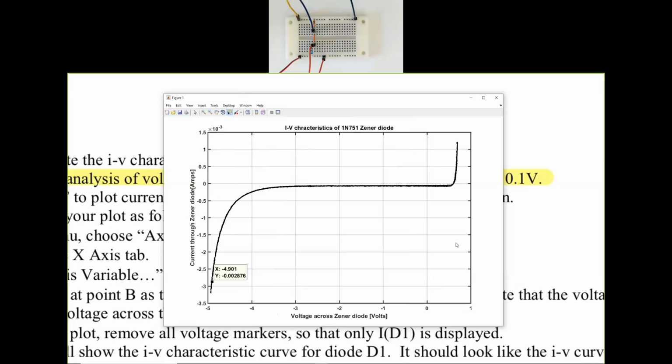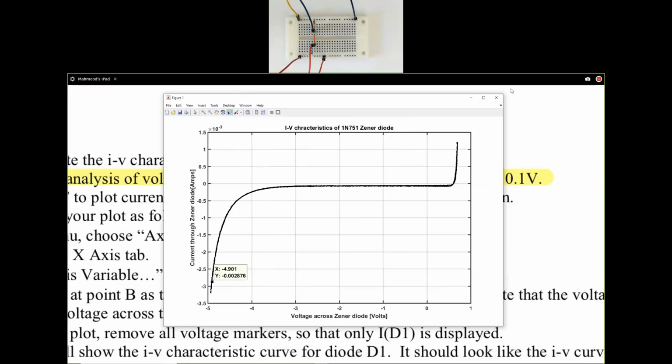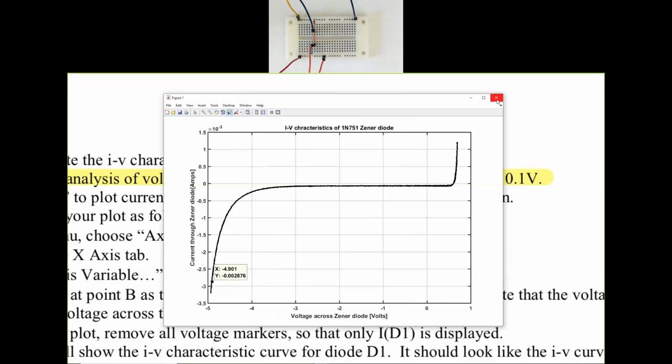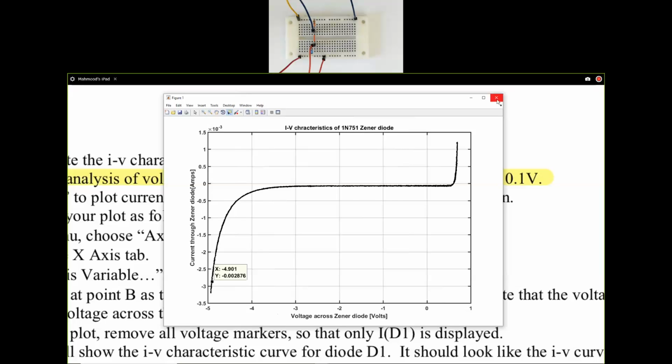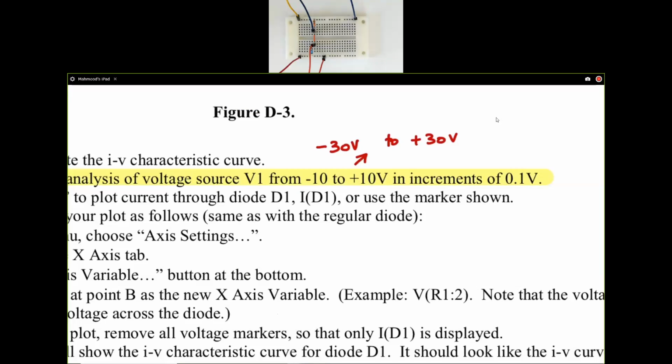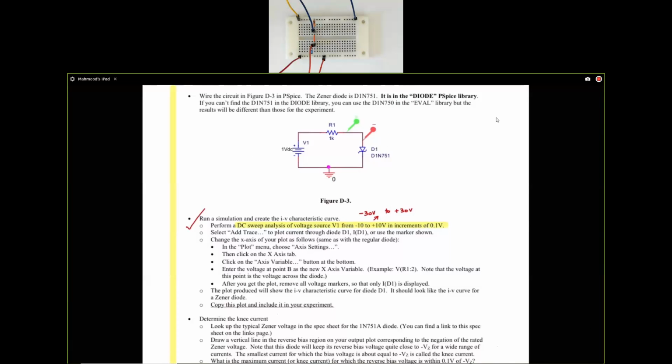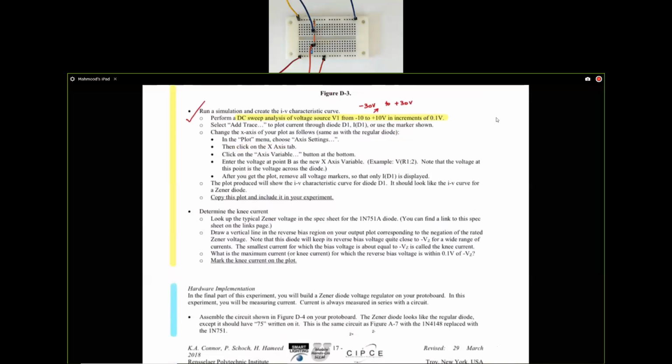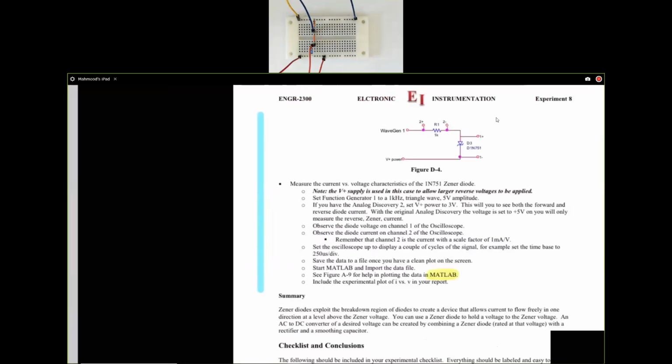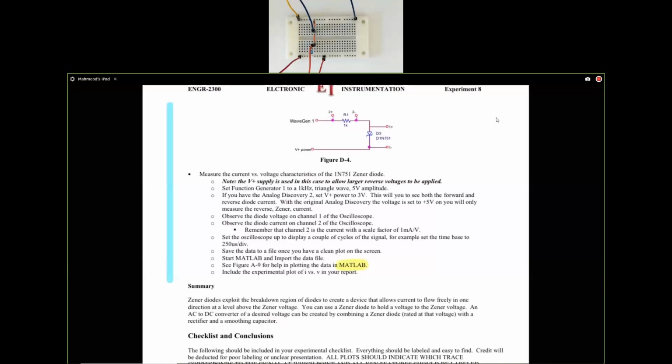All right, so I'm going to cross out of this now and give a quick glance to the experiment tasks. So we did this. We have imported the file. We are plotting Matlab experimental data.